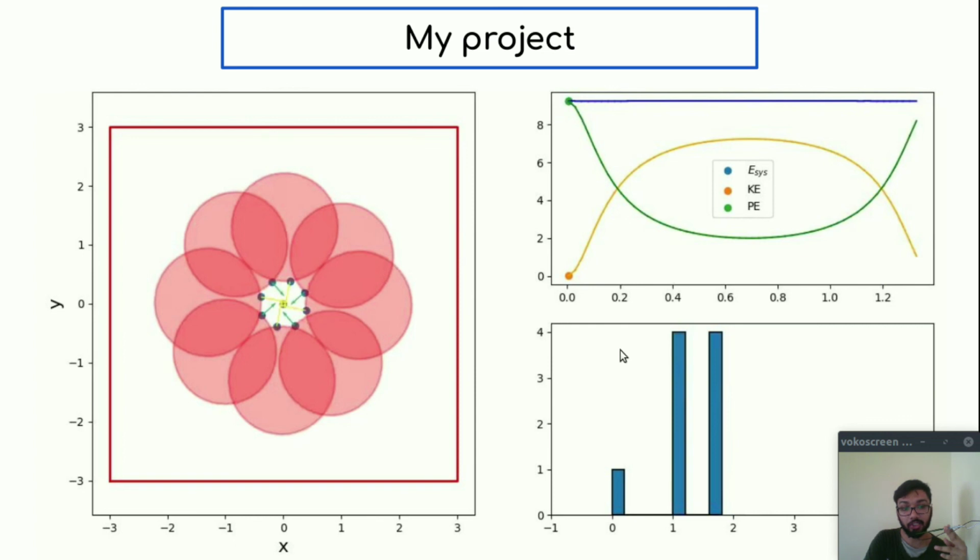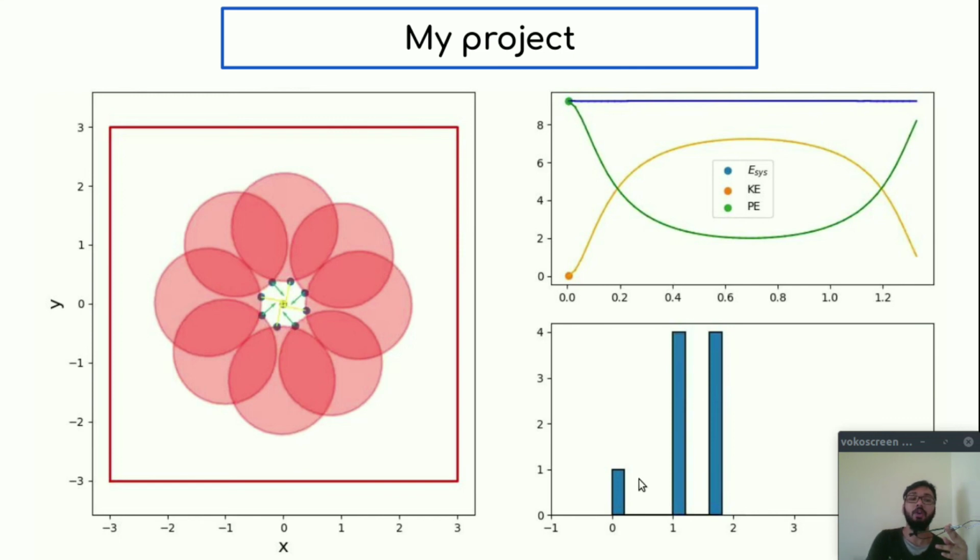And I have also plotted this velocity distribution for this system. Now there is no meaning to plot this velocity distribution, as I have only 9 particles, right? But if someone has, let's say, 100 particles, or say millions of particles, then this velocity distribution plot becomes very informative.